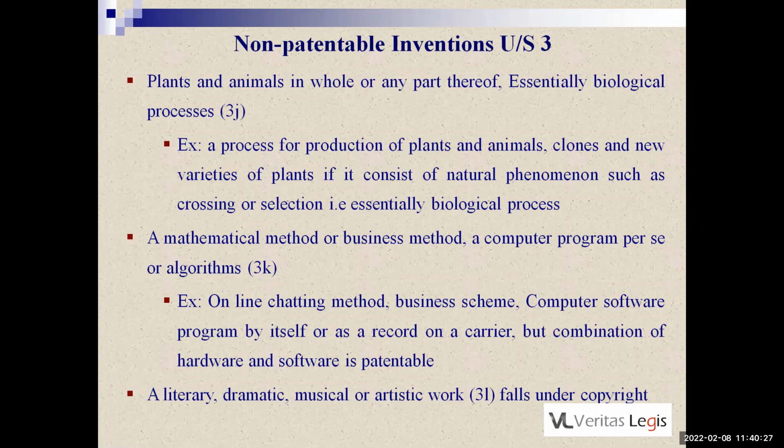But a computer program is patentable if it is enabled with hardware, that is, it shows a technical effect. So you cannot patent a website, but if in a machine you put a computer program like a sensor, it is patentable. A software program by itself is not patentable, but a combination of hardware along with software is patentable.